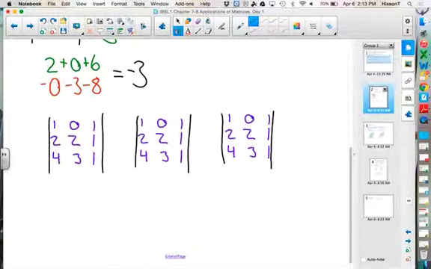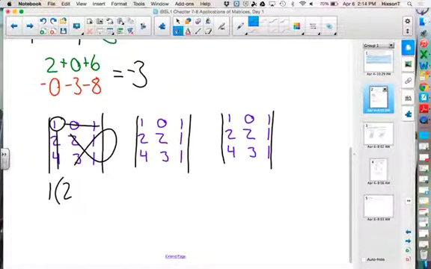So we would write it 3 times, and then the easiest way, we're picking out the top left corner, we eliminate the rest of that column and the rest of that row, and we have this minor matrix of 2, 1, 3, 1. So we're going to do 2 times the determinant of that matrix. And here's where you could use the fish method. 2 times 1 minus 1 times 3. So 2 minus 3.